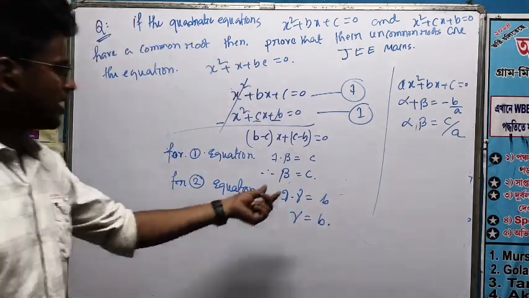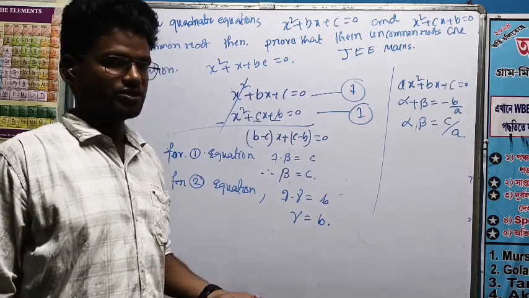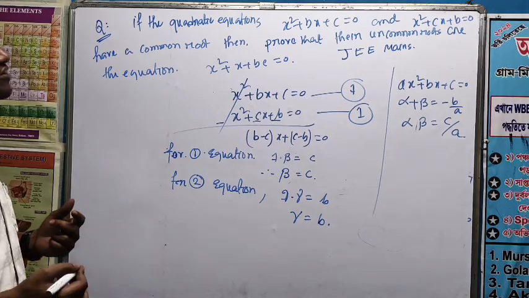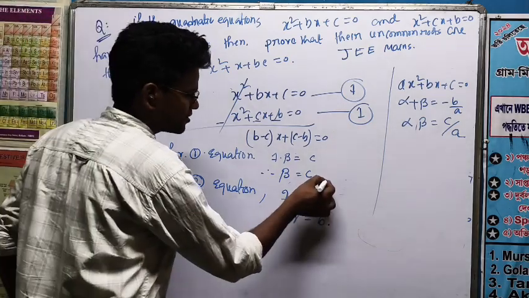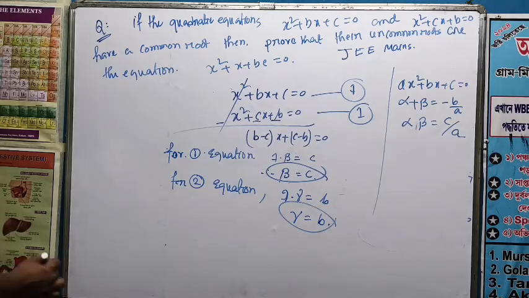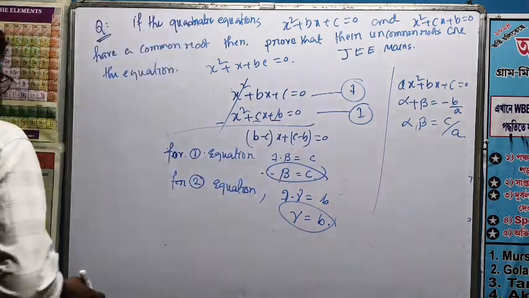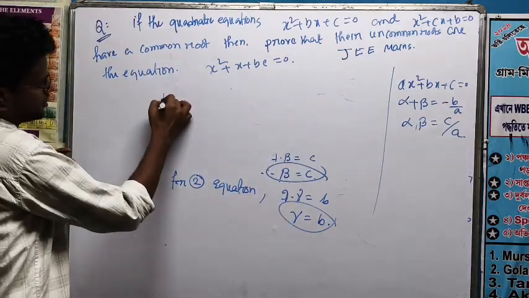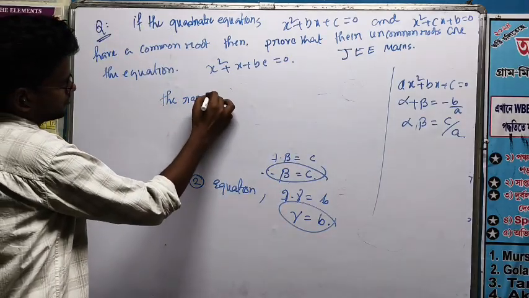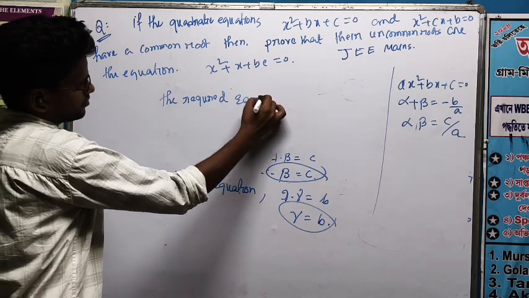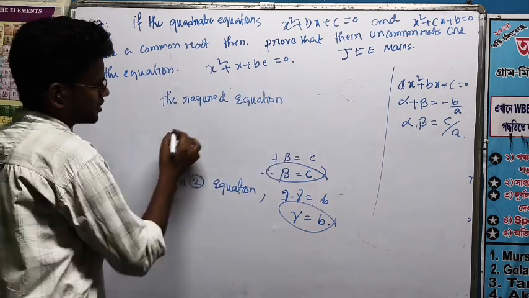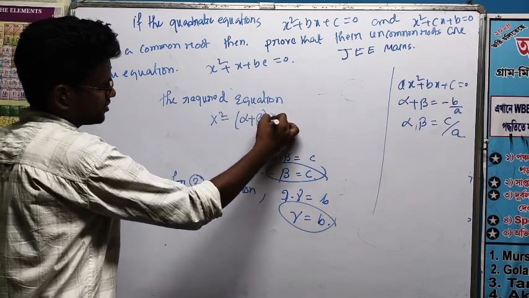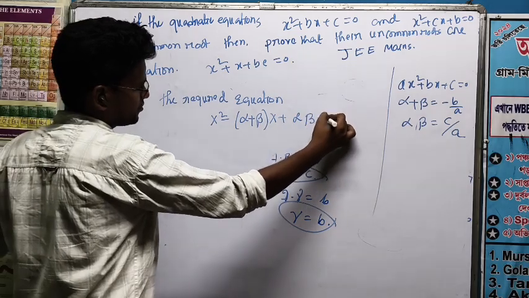Then we have determined the uncommon roots, and the question is to determine the equation of the uncommon roots, which are beta and gamma. What is the required equation? The required equation is x square minus alpha plus beta into x, plus alpha into beta, is equal to 0.